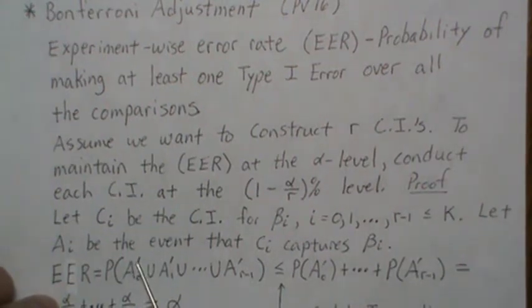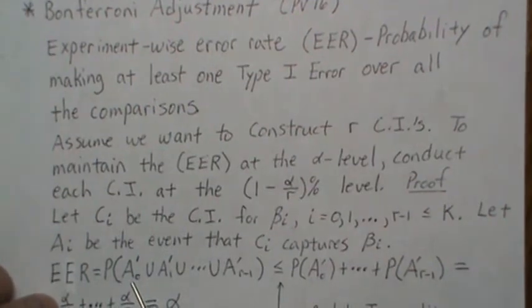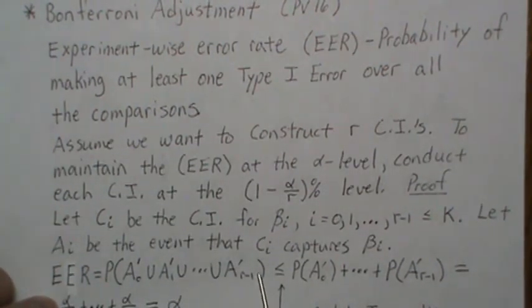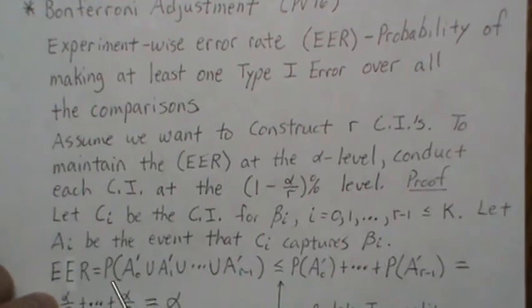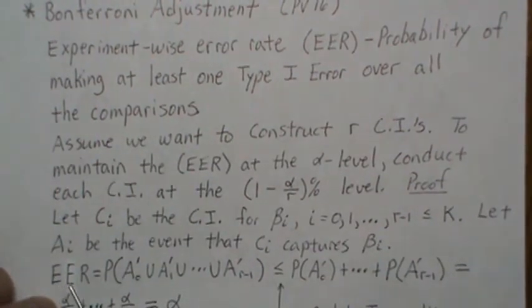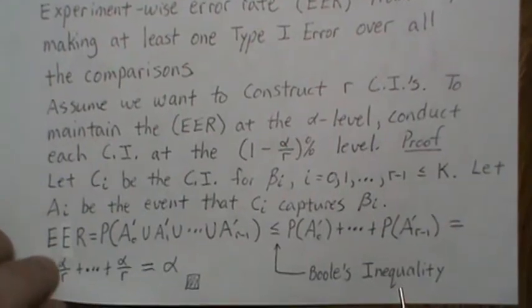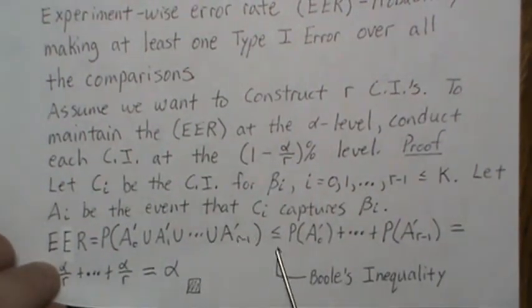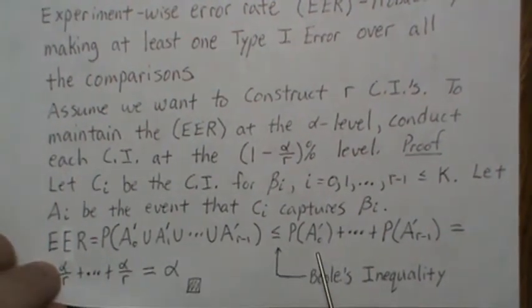So that's the complement. So we make a type 1 error on beta 0, or we make a type 1 error on beta 1, or we make a type 1 error on our last comparison. So if we make a type 1 error on any of these, the probability of that happening is what we call the experiment-wise error rate. Now, by Boole's inequality, this union of events is actually less than or equal to the probability of the sum, right?